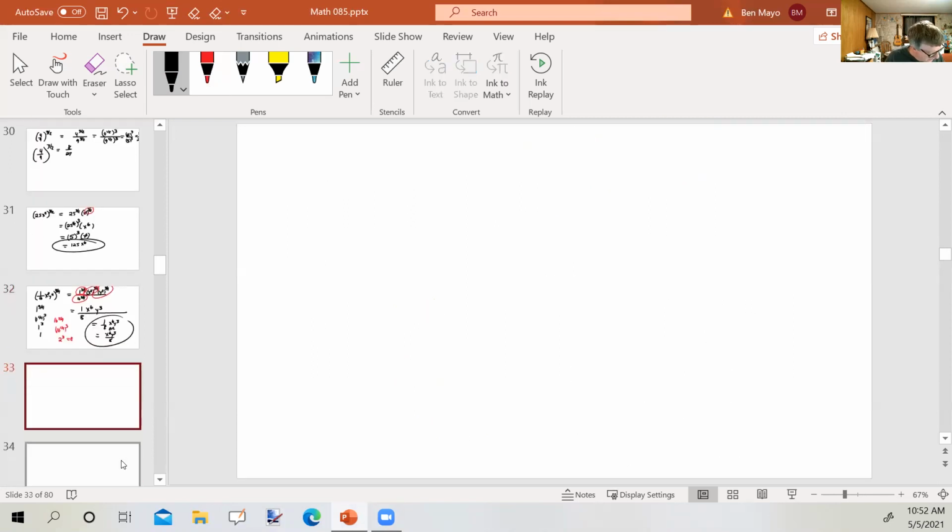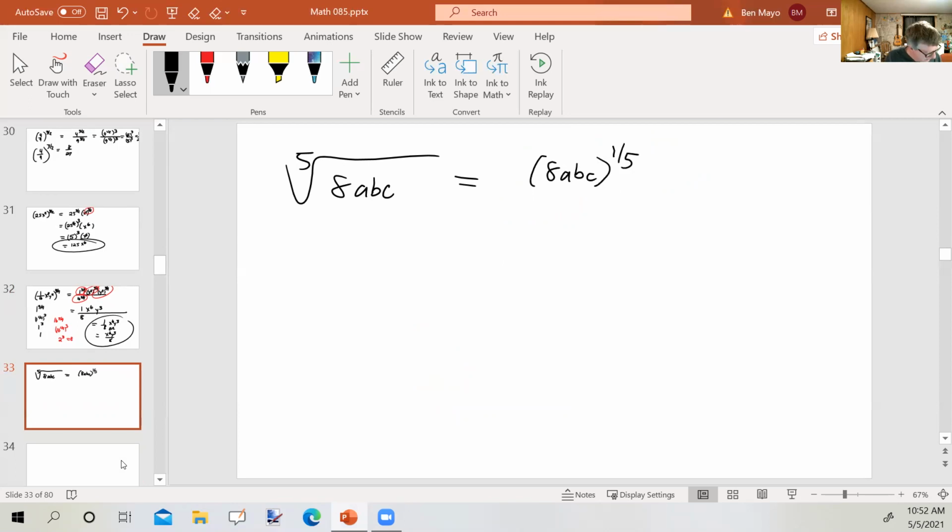Let's see here. It says change each radical to an exponential expression. So we're not simplifying it, we're just converting it from one form to the other. The 5th root of 8abc would be the quantity 8abc to the 1/5 power.